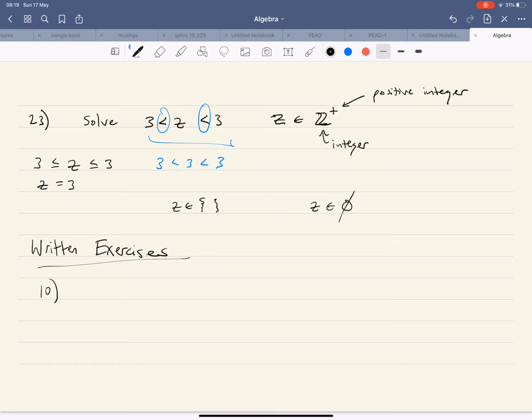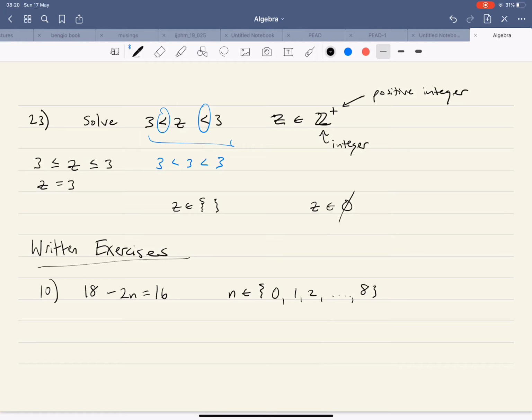So number 10 asks us to solve the open sentence. So we want to solve this expression 18 minus 2n equals 16, where n is an element of 0, 1, 2, up to 8. Okay.